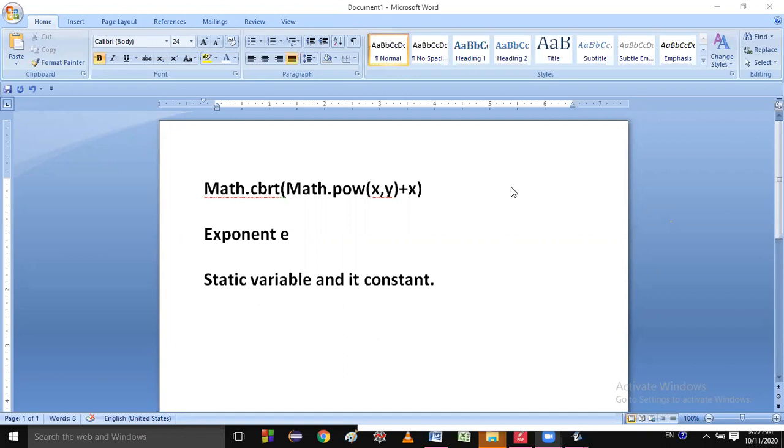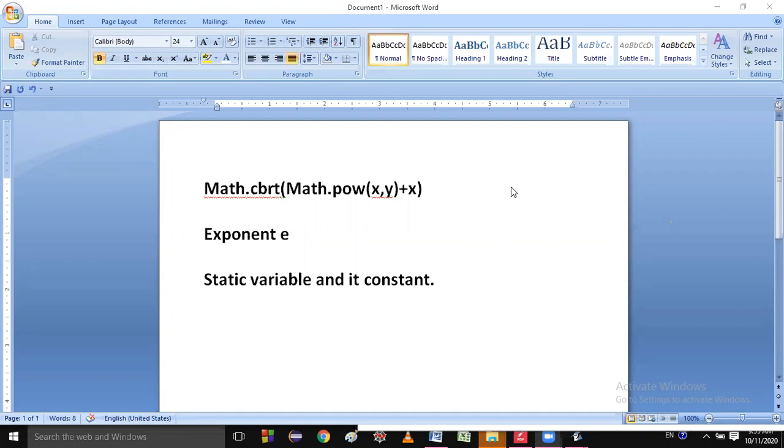Okay, I said to you, a constant is just like a variable in Java, but the difference is its value cannot be changed. So how can you differentiate a constant and a variable, since both are the same thing, but the constant value is not changed? This is the only difference.